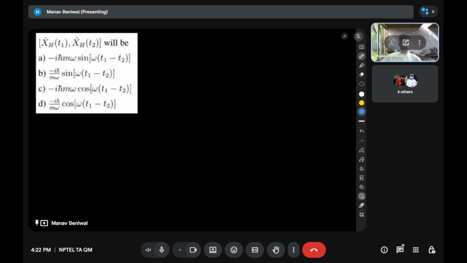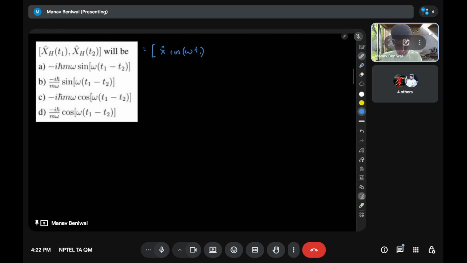Again, we'll do the same thing and expand this commutator. It will be x cos omega t1 plus p by m omega sine omega t1, and its commutator with the second term, x cos omega t2 plus p by m omega sine of omega t2.